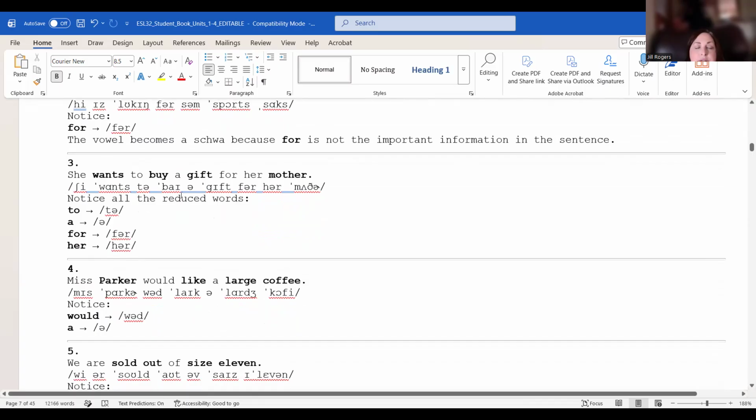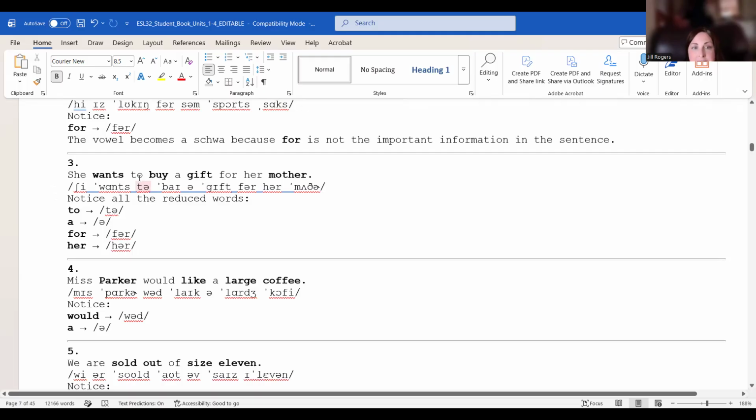Natural: "She wants to buy a gift for her mother." Exaggerated: "She wants to buy a gift for her mother." See that? Sounds like a song, right? Okay, more natural one more time: "She wants to buy a gift for her mother." Now let's take a look where the schwa sound is.